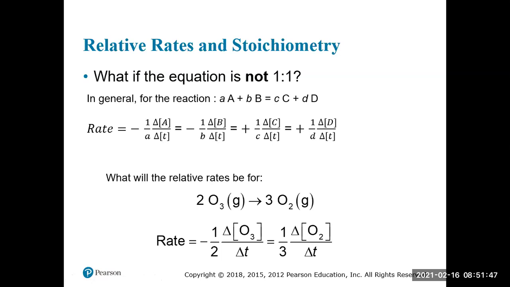We see that the rate would be expressed as minus 1 over 2 times the change in O3 molarity divided by a change in time, and that equals 1 over 3, because of that 3 being the coefficient in front of the O2, times the change in O2 concentration divided by delta T. So once again, we have the negative sign for the reactants, positive sign for the products, and based on the reaction stoichiometry, it's 1 over whatever that coefficient is. And that allows us to express the rate.